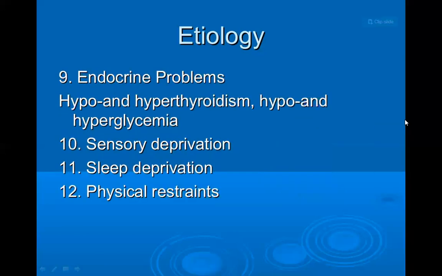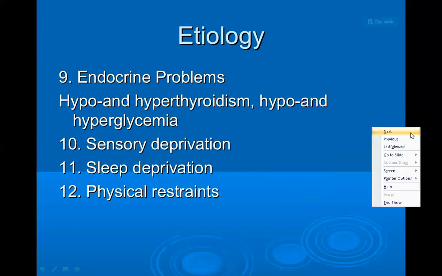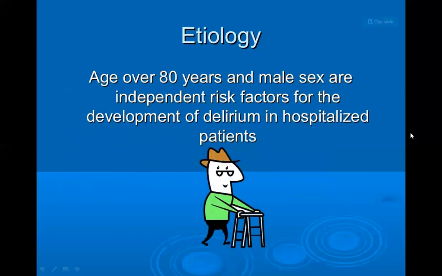Then endocrine problems. The patient has hypothyroidism or hyperthyroidism, hypo or hyperglycemia. At that time also the patient may develop delirium. Then sensory deprivation, sleep deprivation or physical restraint. These are the etiology of delirium. Then the age factor also affects the function of the brain.